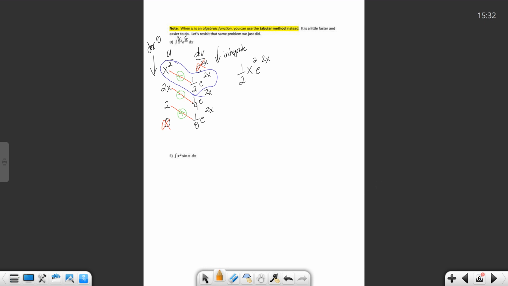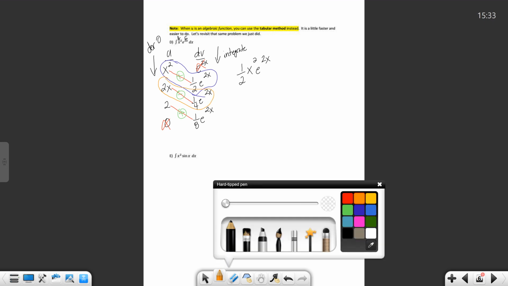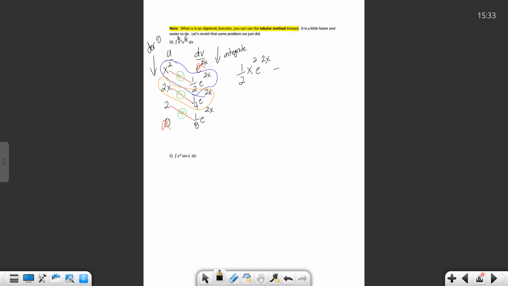Let's do orange. Then I'm going to multiply the next line, so that's with a negative sign. If you multiply the endpoints, you've got 2x times 1/4, so you get 2x over 4, or 1/2 x e to the 2x. All I did was multiply the endpoints, 2x times 1/4 e to the 2x, and I reduced it.